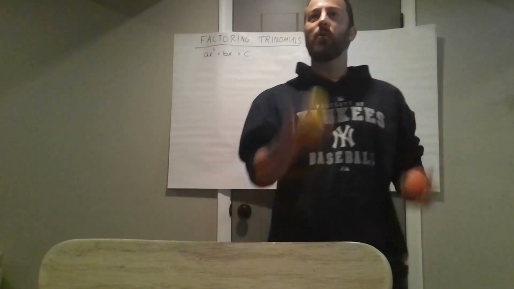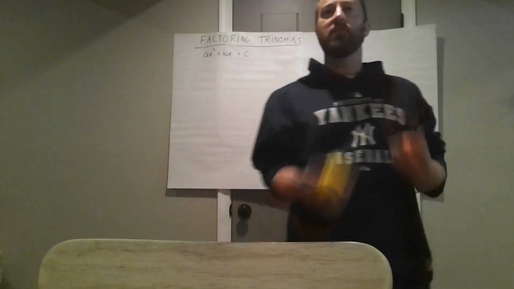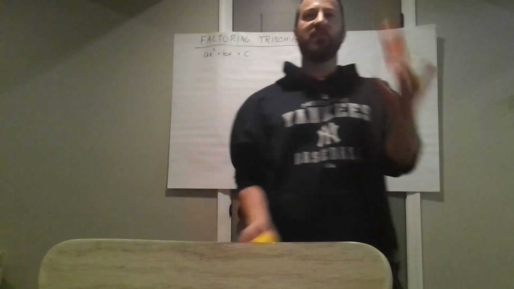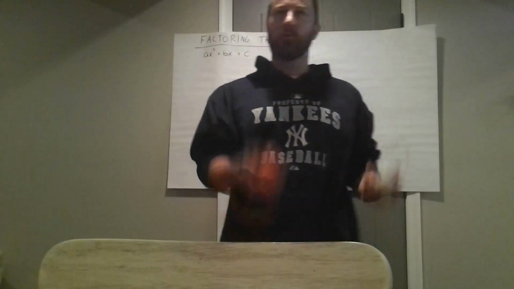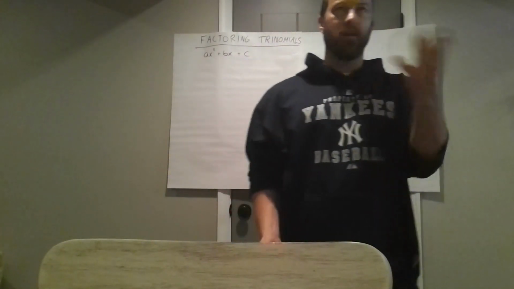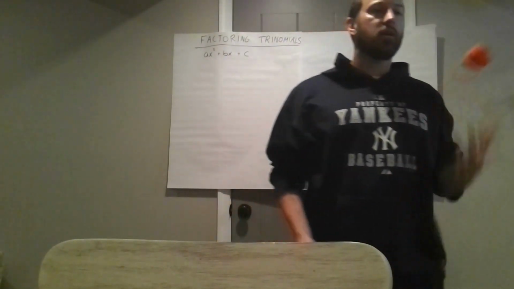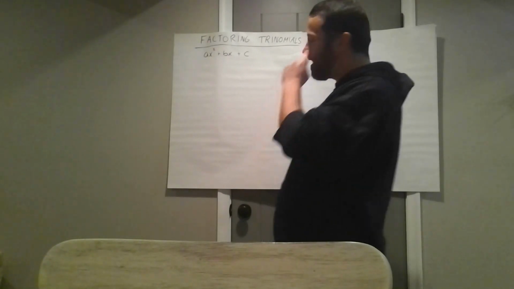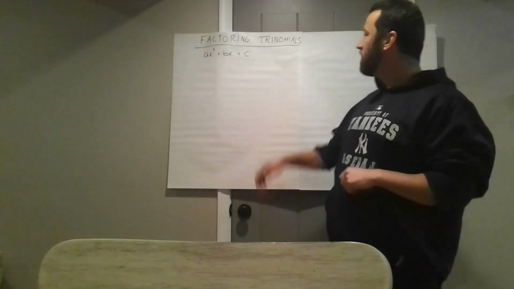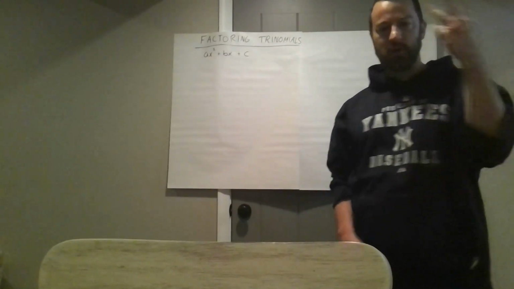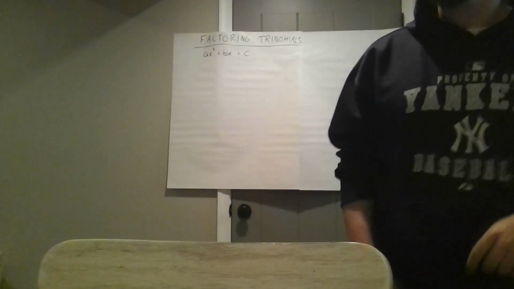So today what we're going to be doing is factoring trinomials. And this is going to be the most common factoring skill we're going to use. Unsurprisingly, trinomials mean we're going to have three terms.